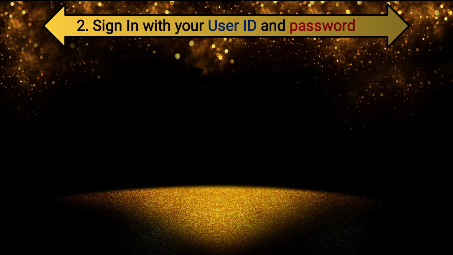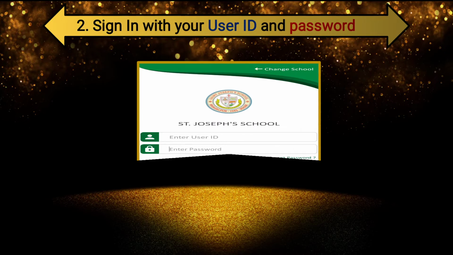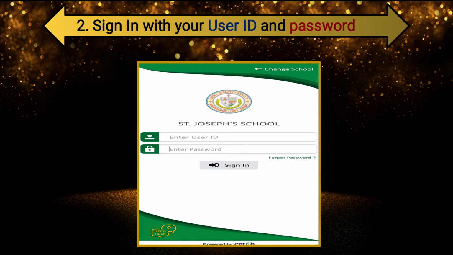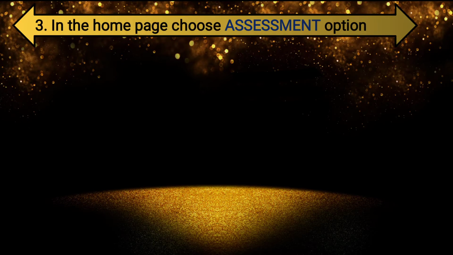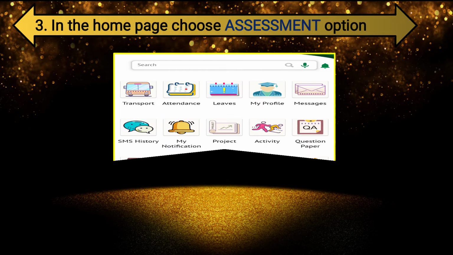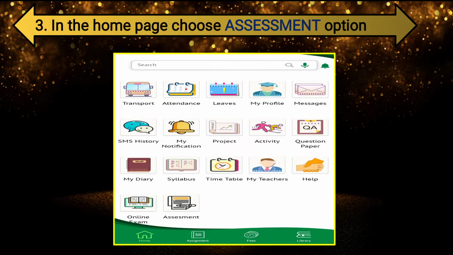As you open the Campus Care app, you have to sign in with your user ID and password. After signing in, the Campus Care home page will open, where you get your homework and your circular.